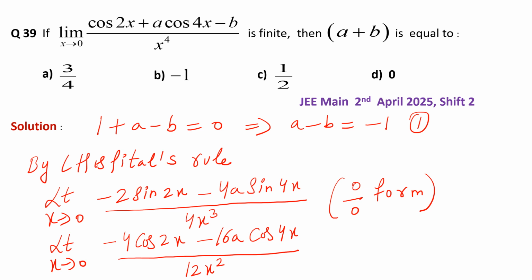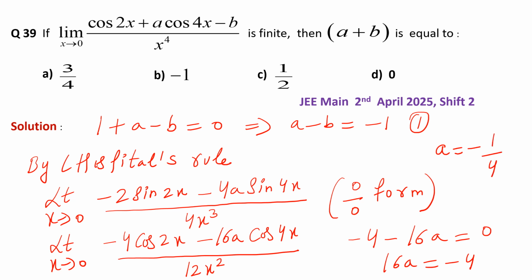So clearly the numerator must also approach 0, because only then the value of this limit will be finite. So this implies that -4 - 16a must be equal to 0. So from here we get 16a = -4, or the value of a is -1/4.